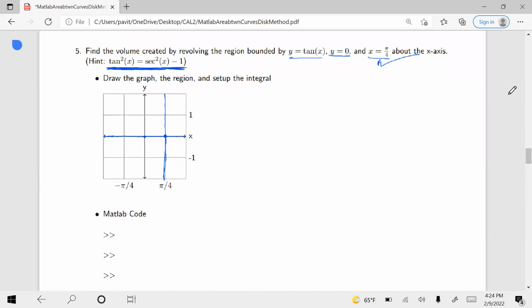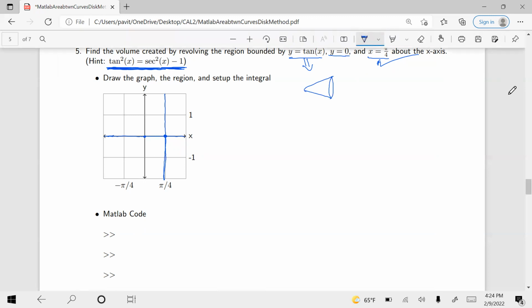Now what about y equal to tan x? This plot from 0 to pi by 4 looks like a cone shape. It is similar to a cone.